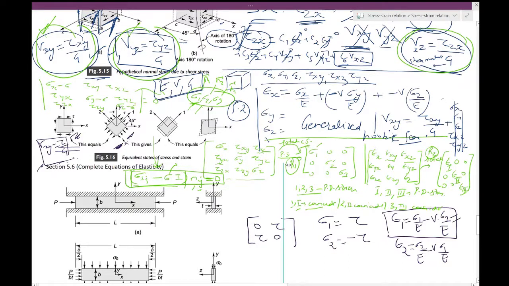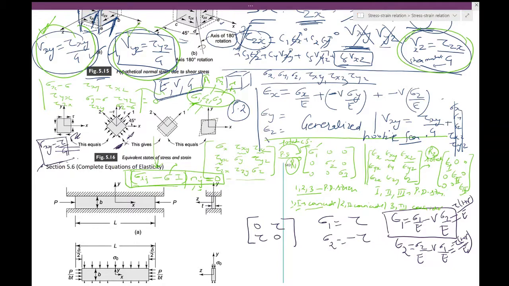I mean sigma 1 is tau, sigma 2 is equal to minus tau, so this would be tau into 1 plus nu by E, and this would be minus tau, I'm sorry, 1 plus nu by E. Okay, so sigma 2 is 0. So in your textbook I think epsilon 2 has an extra tau which you can remove. Okay, so you have found out these values.